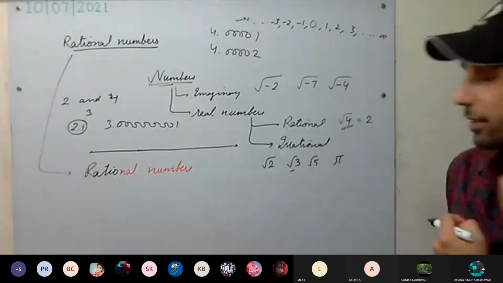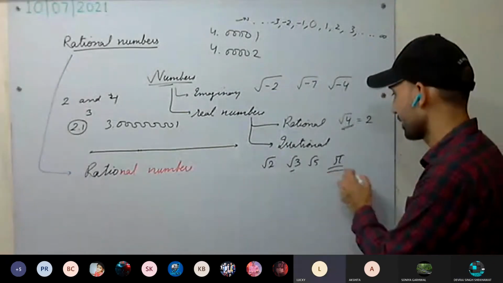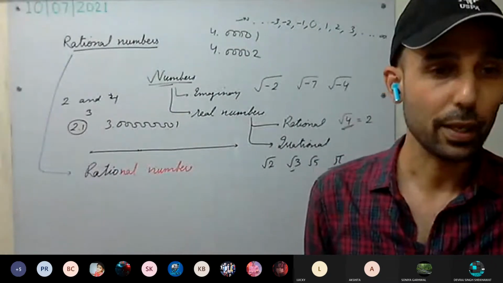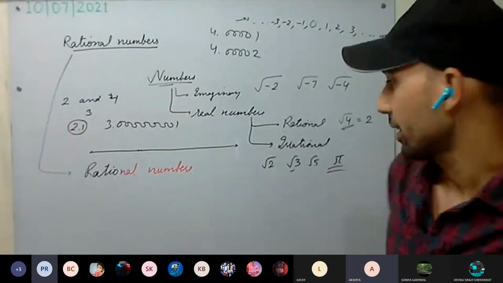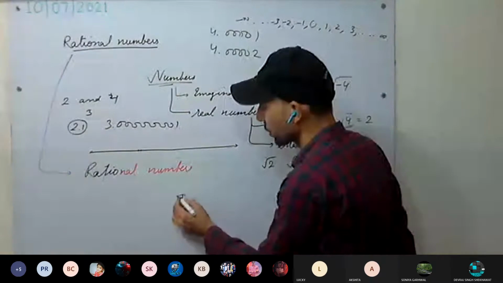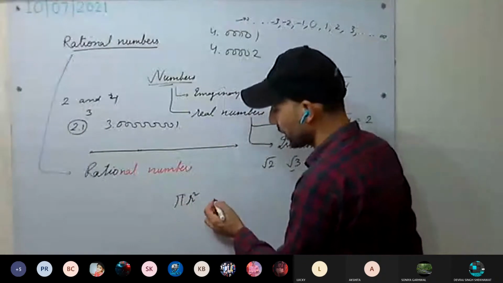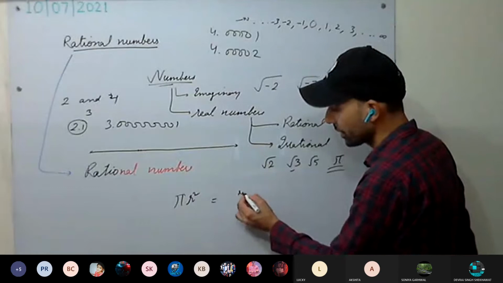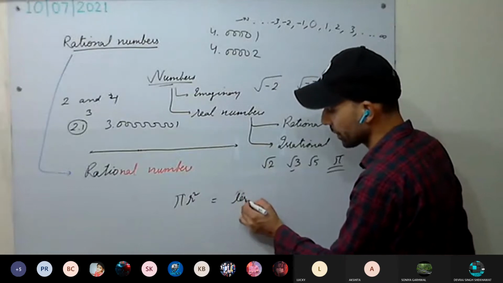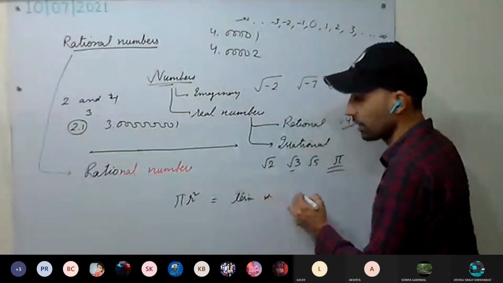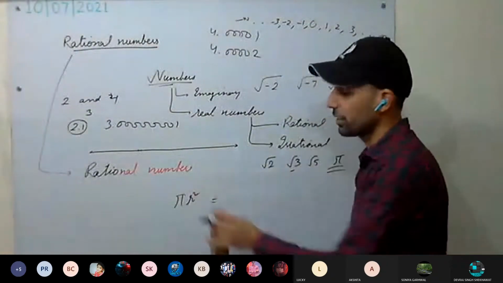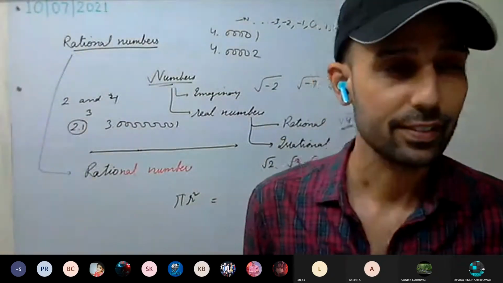Where do you use pi? Whose area in calculations do we use pi? Circle, mainly pi r square. But after solving, you get an answer which is terminating or recurring. Pi is an irrational number, but still we are using it in calculations. Why?